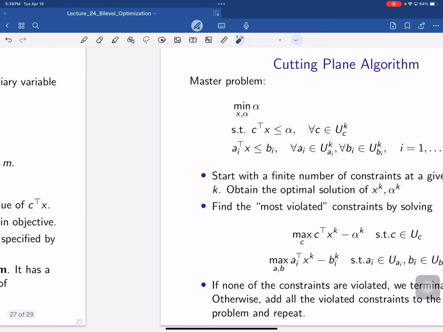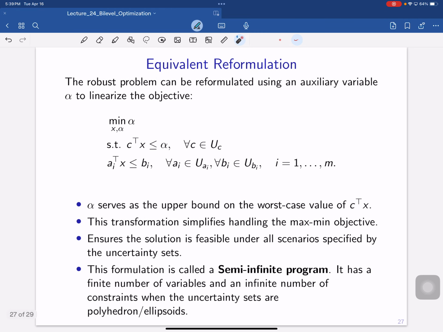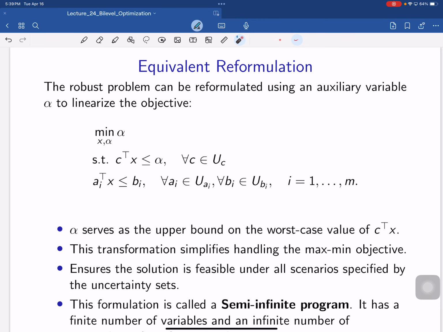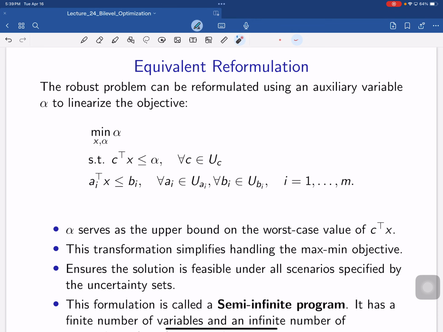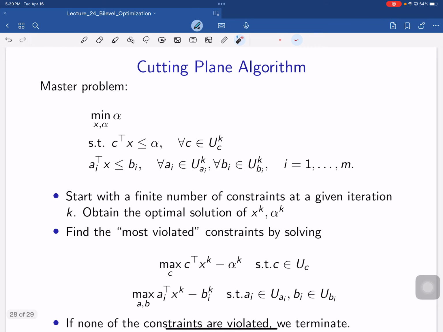For example, in this rectangle set, you can just take a few arbitrary points in this hyperrectangle. Then you have a finite number of constraints, so we solve this problem. Now the problem has a finite number of variables and constraints. Let's assume the solution to this problem is x^k and alpha^k.